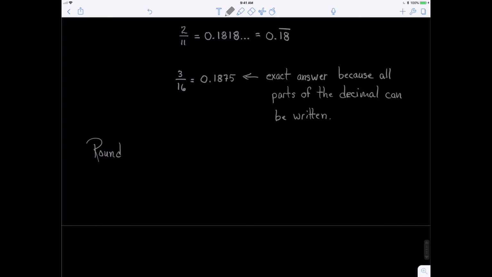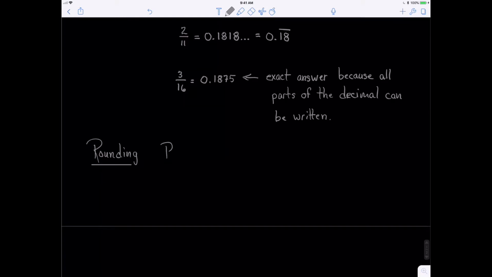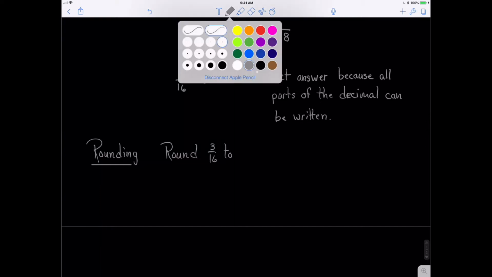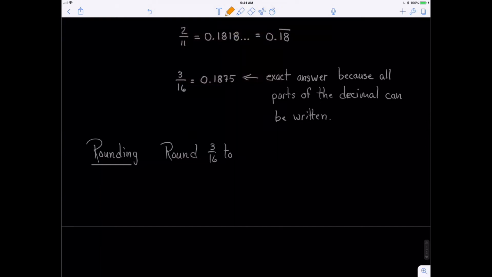And we're going to round our 3/16. Let's take just a quick reminder here of the place values. The first decimal is called the tenths.